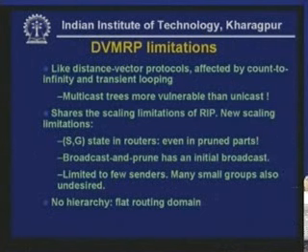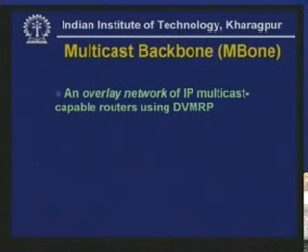Now we talk about one effort to implement multicasting. As I told you, most of the routers are not configured to use multicast in every manner, but still some people want to use multicasting.